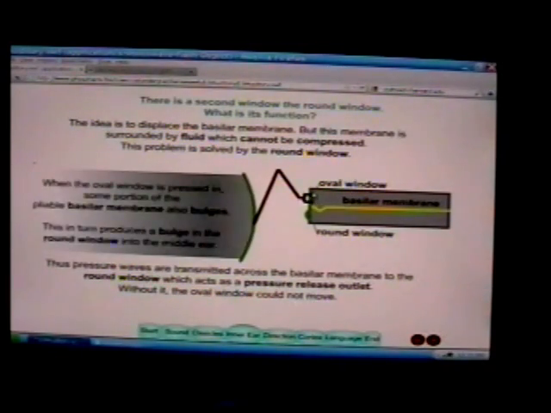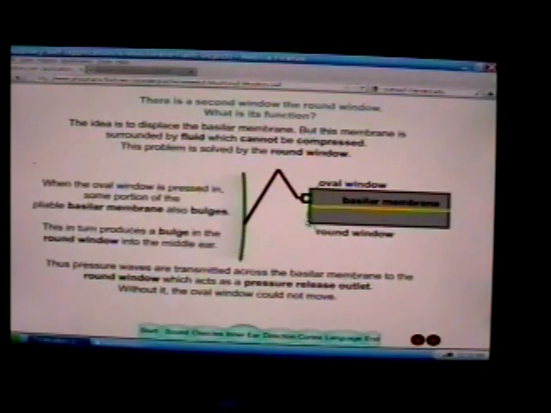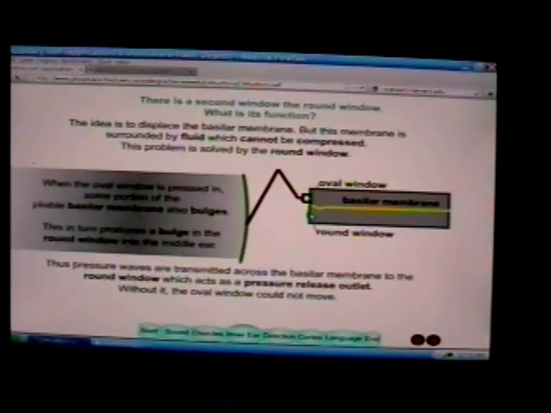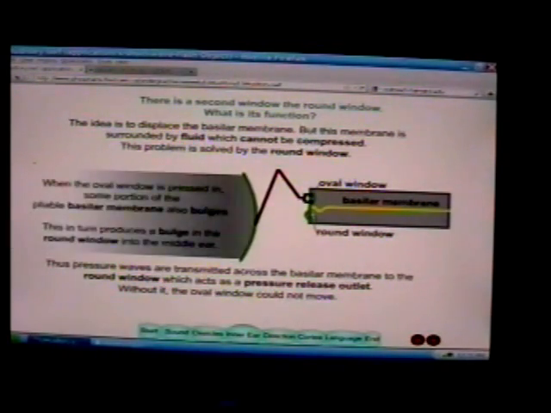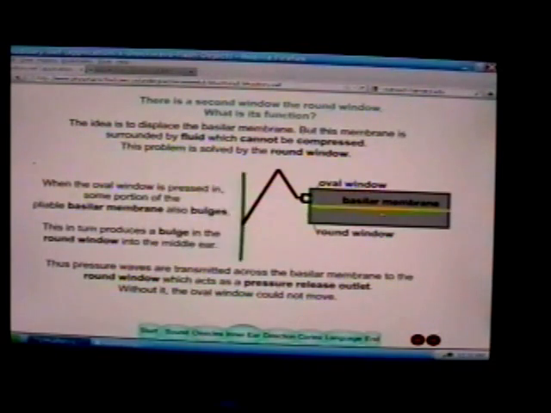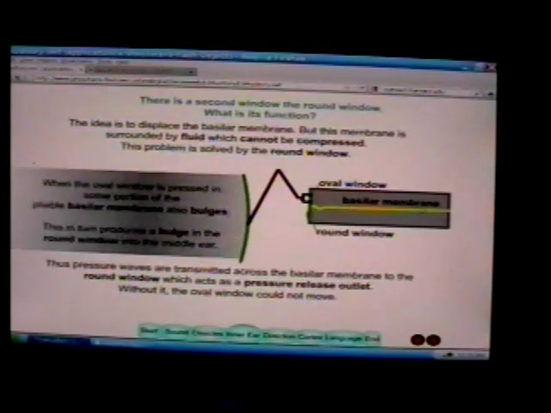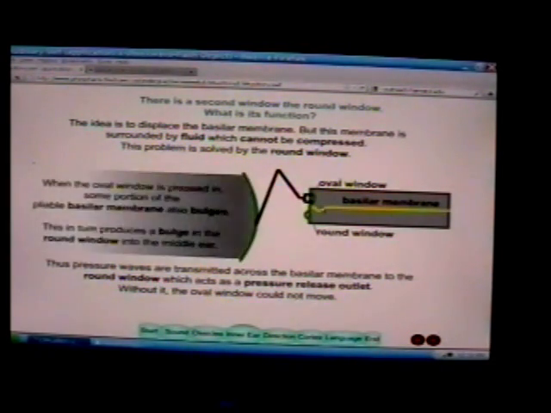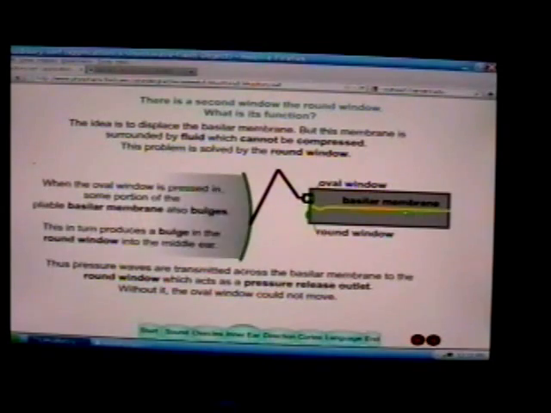Now, the oval window is the top one that our three bones are connected to, but there is a round window down here that also deforms in the opposite way. And so what this is creating is movement in the basilar membrane. The basilar membrane is where these hair cells are located, and they respond to this physical disturbance by sending electrical signals to the brain.